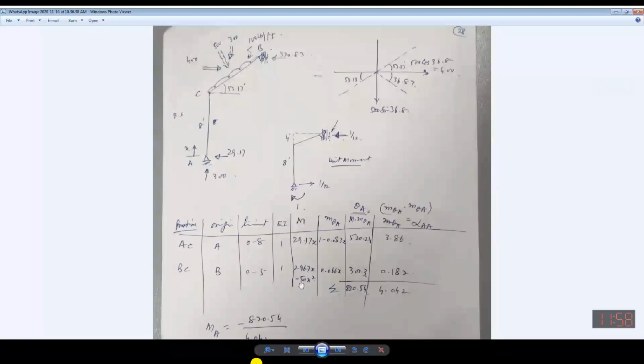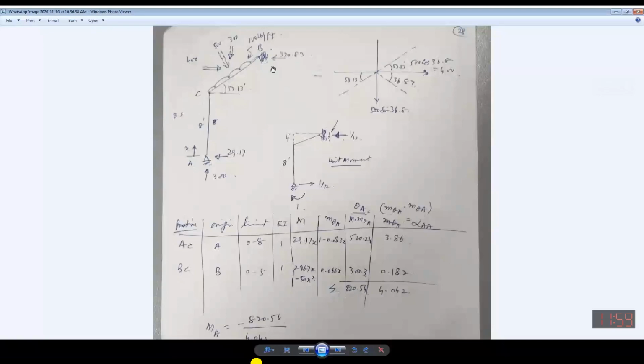296.7 minus 50x. What has been done here is this. Now you will have to resolve this 370 into two components, because moment will be produced by the perpendicular force.